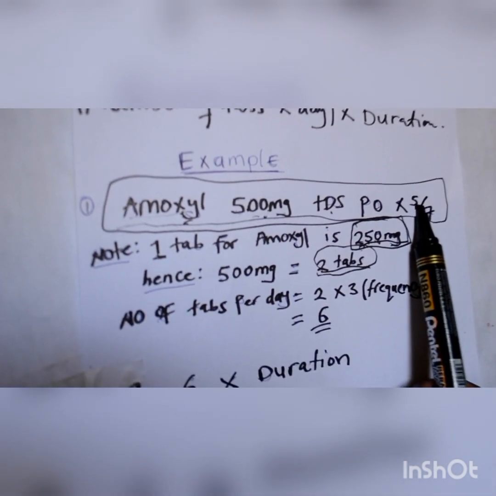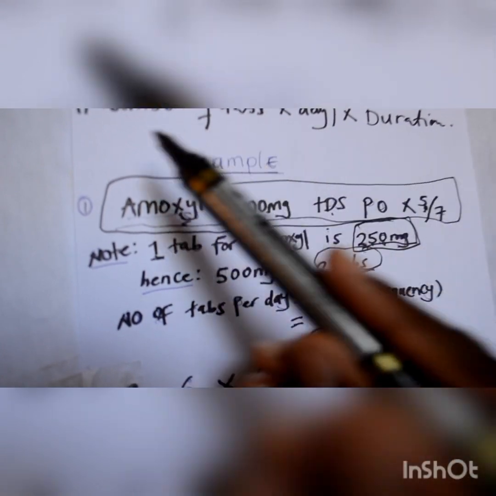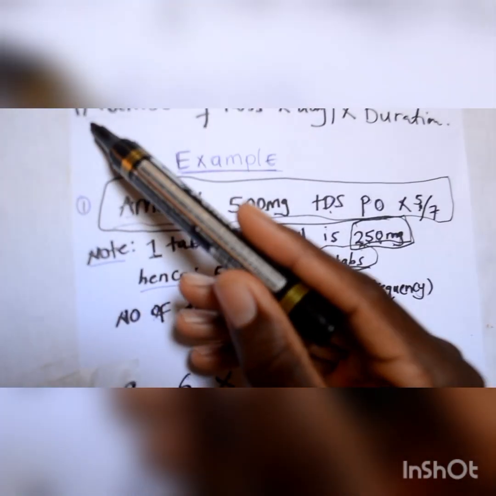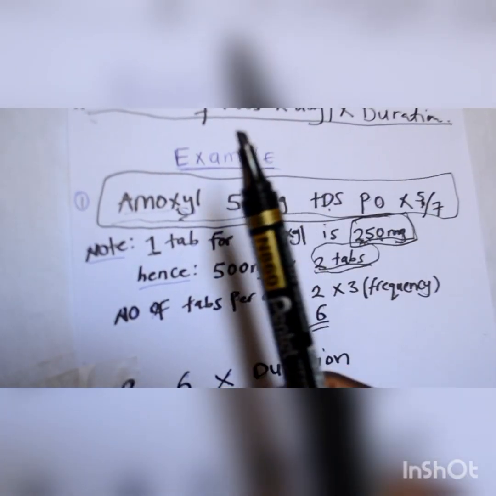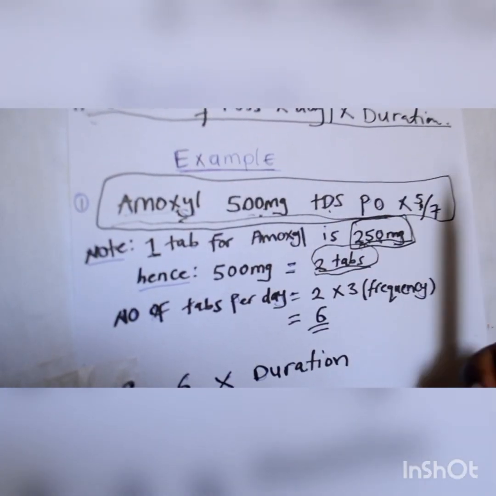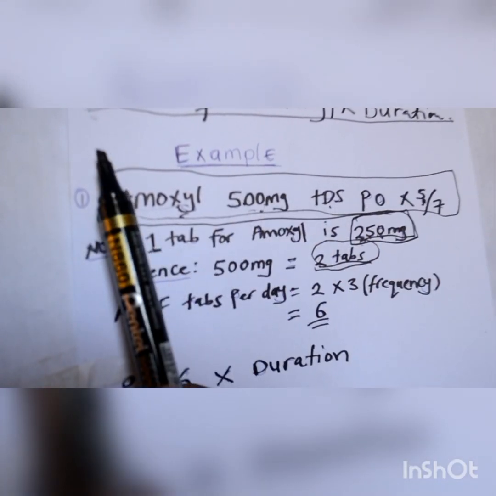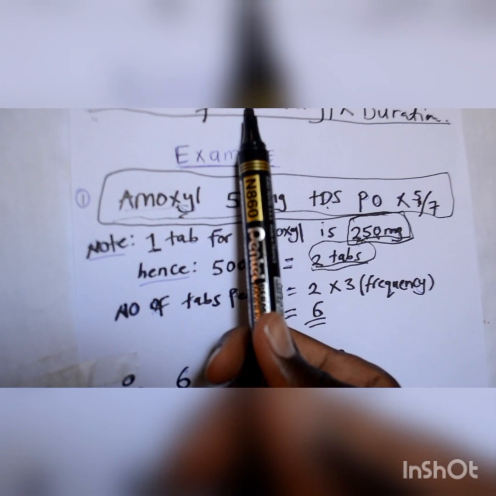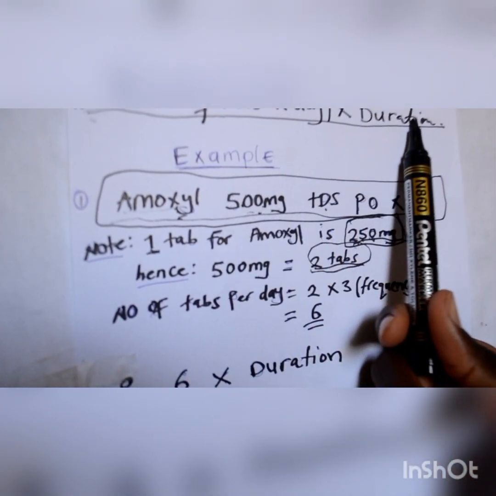Now, how many tablets are you going to give out to the patient? We'll come to this formula on top, which I've just summarized. The number of tablets that you're going to issue to the patient is found by the number of tablets per day multiplied by the duration.